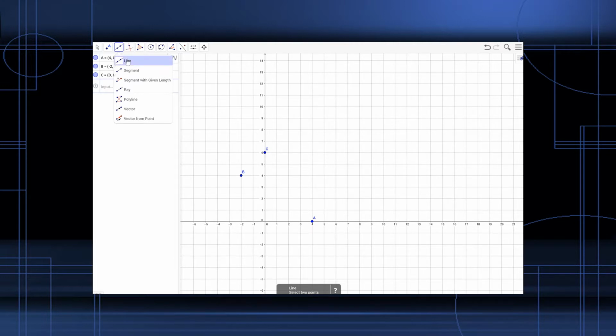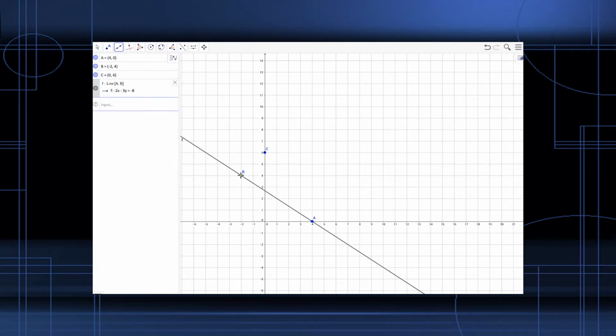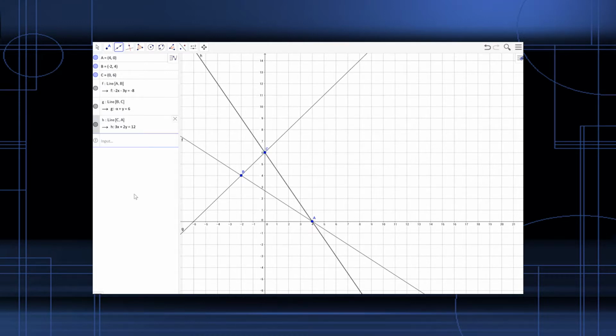So I'm going to choose line, and connect point A and point B, and from point B to point C, and from point C to point A. I use that polygon tool just to give us a shading of where our actual original triangle is.